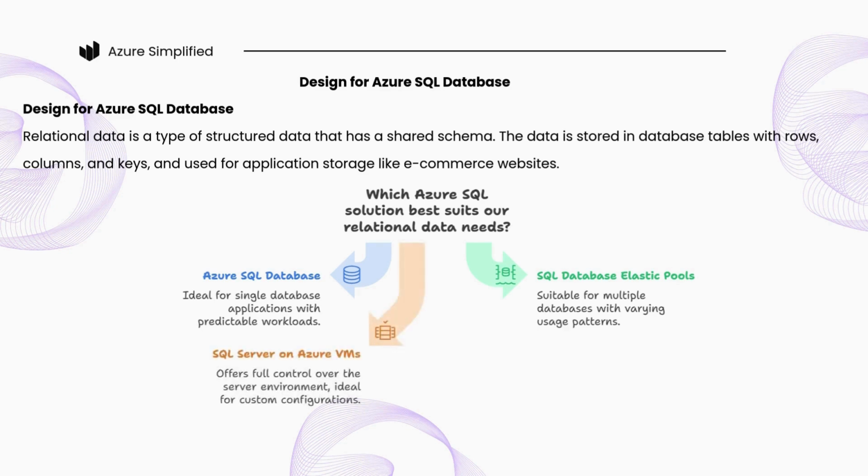SQL Server on Azure Virtual Machines, VMs, provides full control over the server environment, making it suitable for custom configurations and applications requiring traditional SQL Server setups. Azure SQL Managed Instance combines PaaS advantages with SQL Server features, making it ideal for hybrid cloud scenarios requiring high compatibility with on-premises SQL Server. This decision-making guide helps businesses choose the right Azure SQL solution based on workload type and management needs.